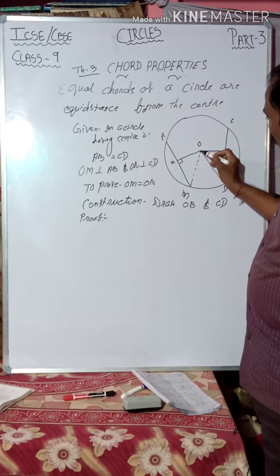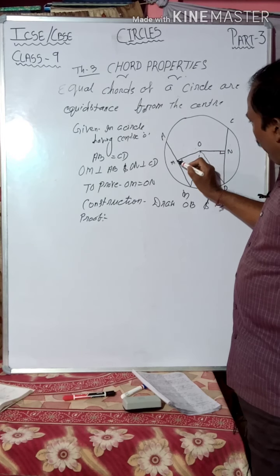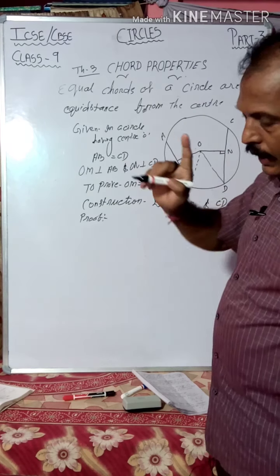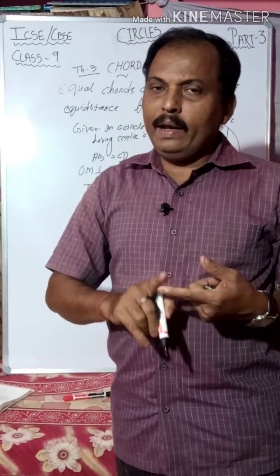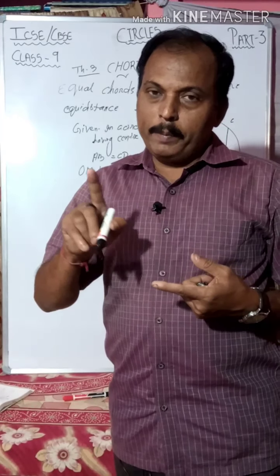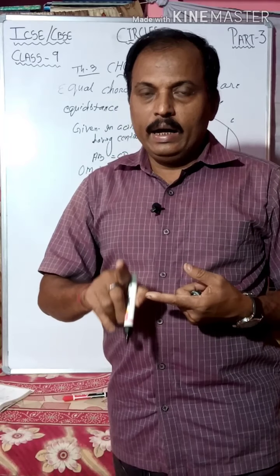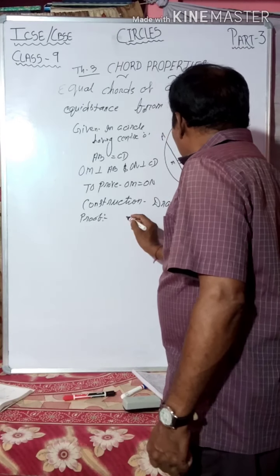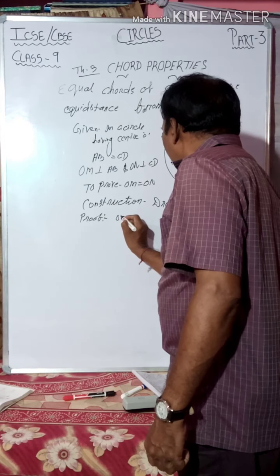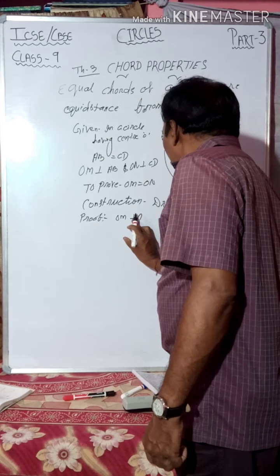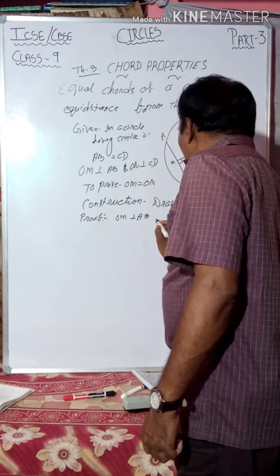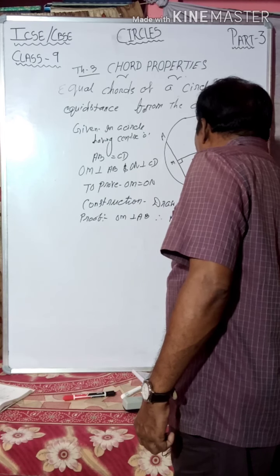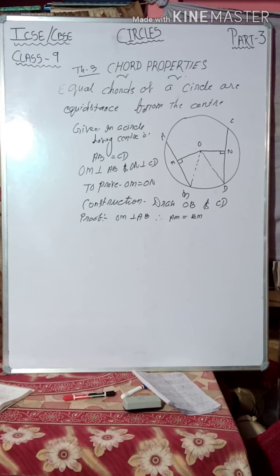So we already proved, if OM is perpendicular to AB, a line from the center perpendicular to any chord bisects the chord. So AM is equal to BM.